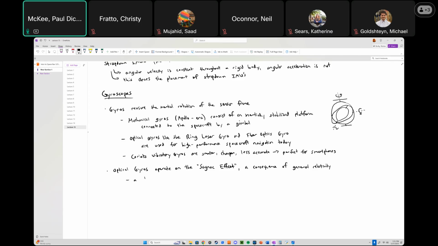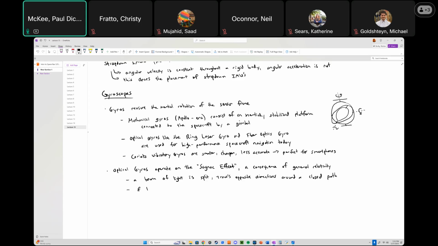A beam of light is split, travels opposite directions around a closed path.